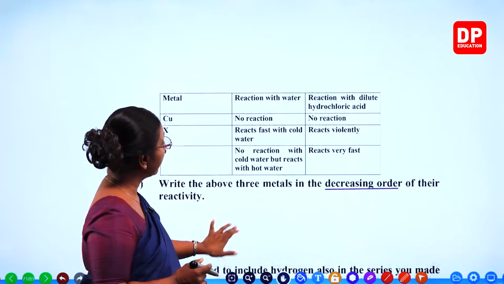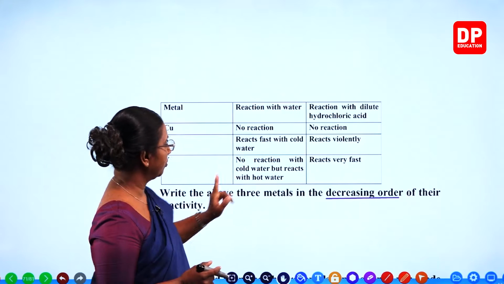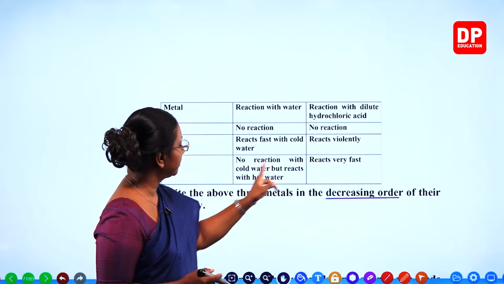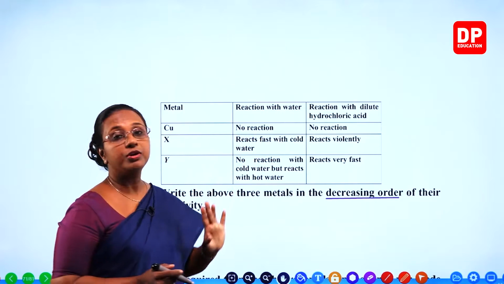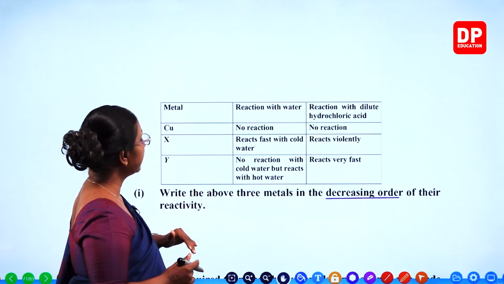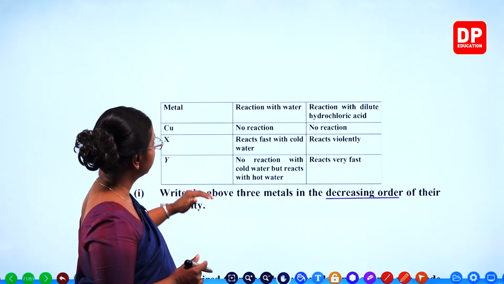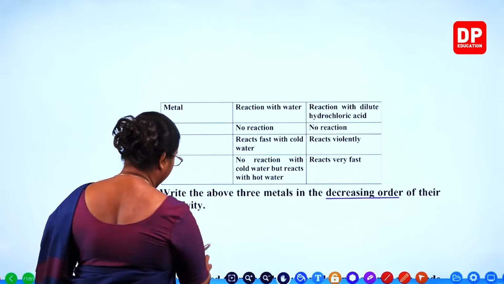Or else if you look at the reactions itself, you can see X reacts fast with cold water, Y has no reaction with cold water but reacts with hot water. Copper, no reaction with cold or hot water. So from that itself you can understand X, Y, then copper. That is the decreasing order of their reactivity.